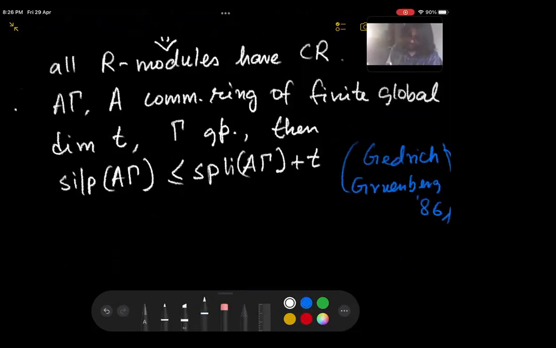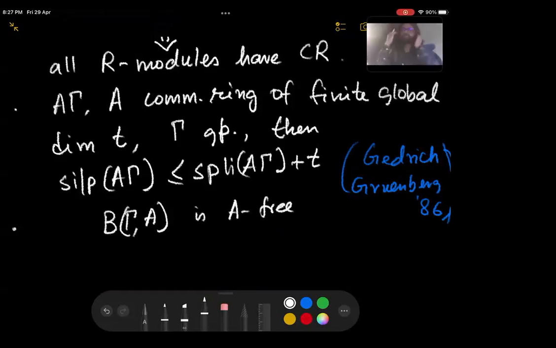Right, okay. And one other result that is sort of important here is that the B gamma guy, B gamma A, remember this? So it turns out B gamma A is A free. It's free as an A module. And this is actually quite a deep result. It goes back at least like 30, 40 years.